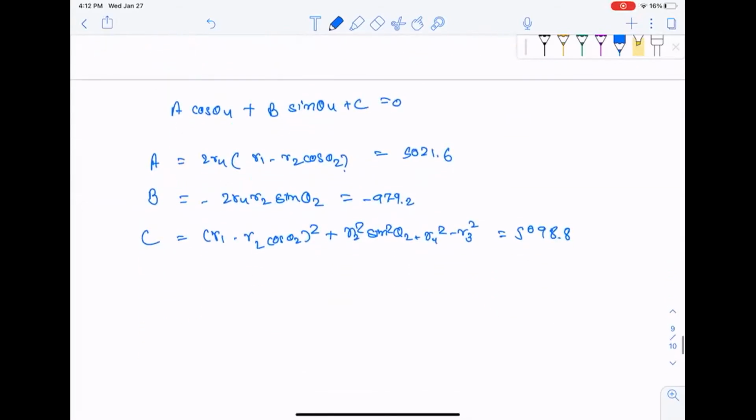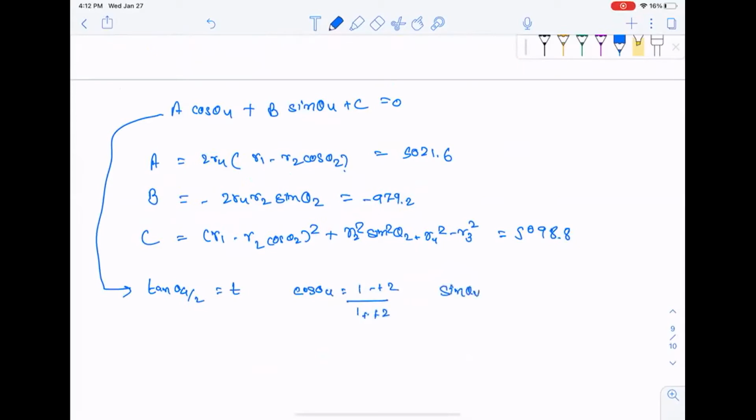As we did earlier, we need to convert this equation into the half angle of tan. So tan of theta 4 by 2 is equal to t, and cos theta 4 will be 1 minus t square upon 1 plus t square. Sin theta 4 will be 2t upon 1 plus t square.